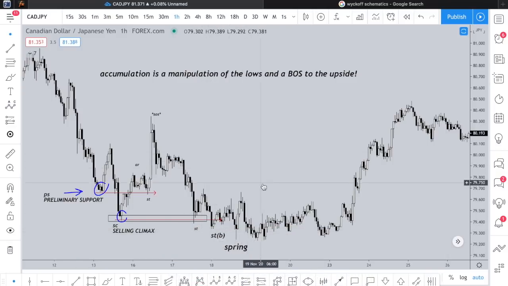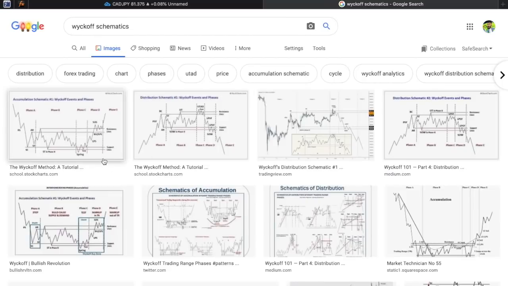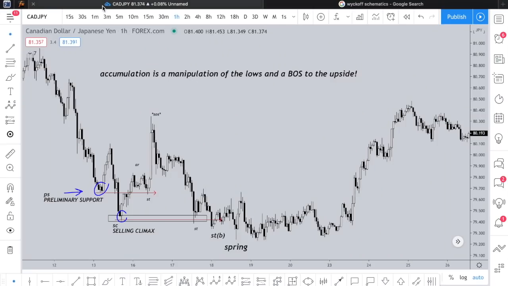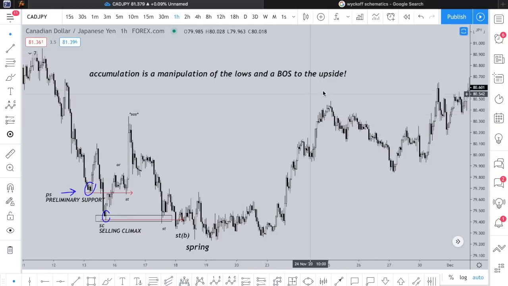And from there, we start to get the markup phase and observing the market reaching higher and higher and higher. There's other points within the accumulation schematics as well, such as the tests and the last points of support, the LPS, and other signs of strength in the later stages of an accumulation. But these are some of the more major points that you need to identify within an accumulation.